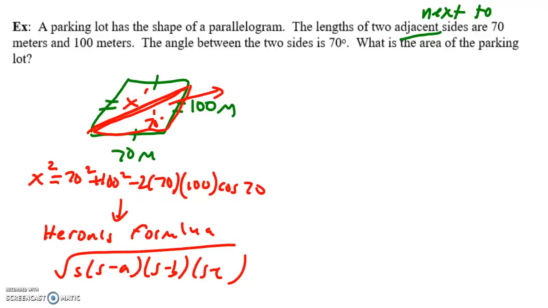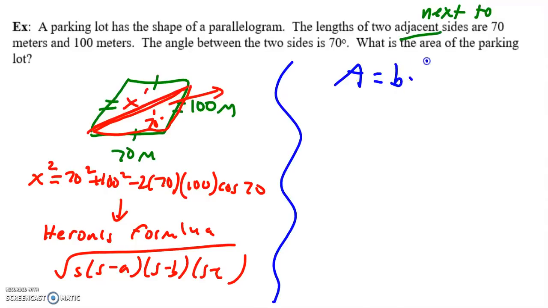So let's see. Is anyone thinking to themselves, man, I think I learned a formula for the area of a parallelogram? You did. The area of any parallelogram is just base times height. But just like with the triangles, the height has to be perpendicular, or it has to form a right angle.